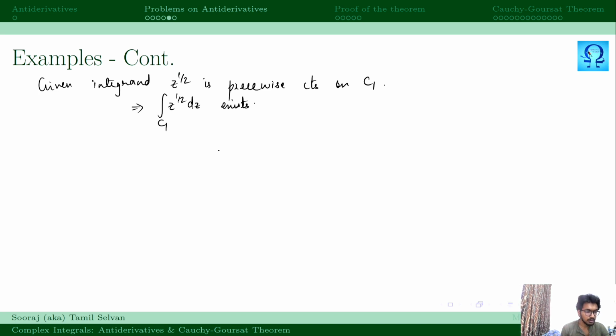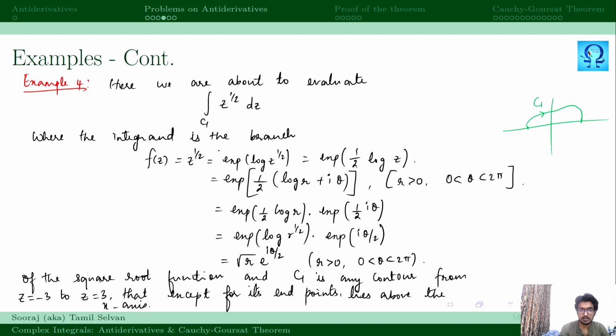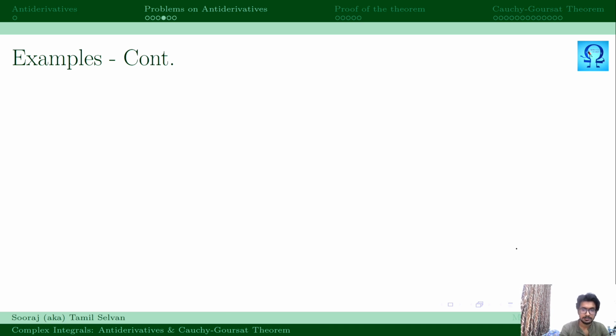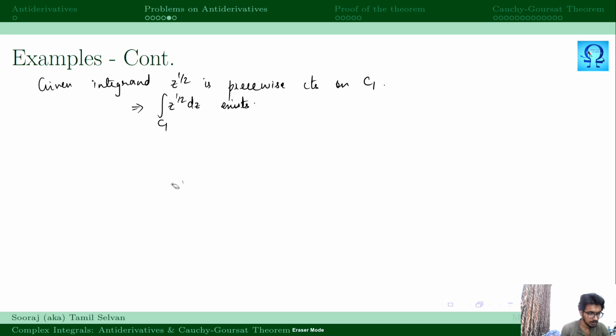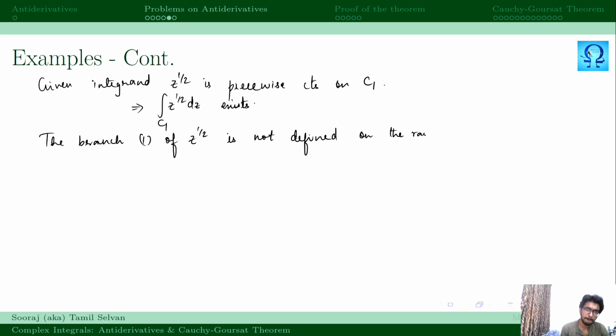Okay, so here the branch that we found, let us consider this as equation 1. The branch of this function is not defined on the ray theta equals 0.